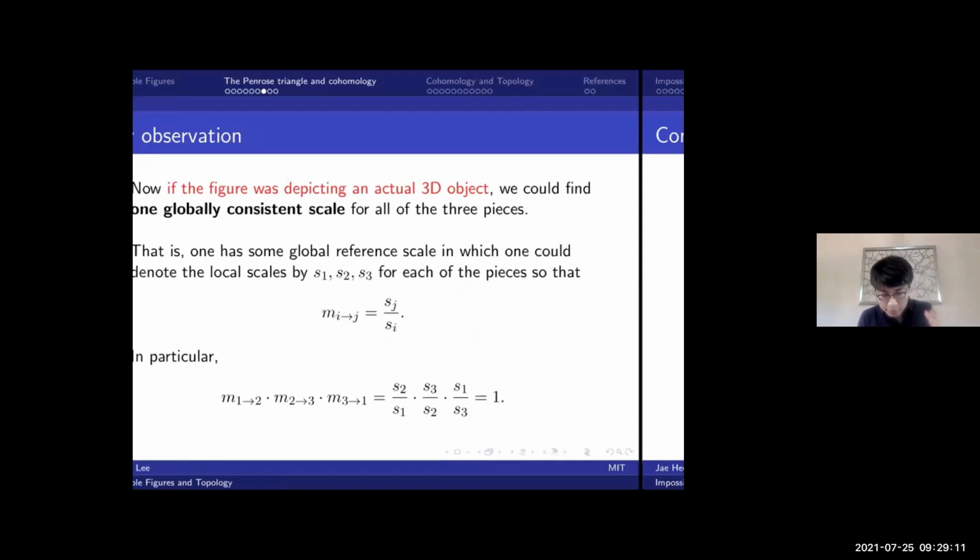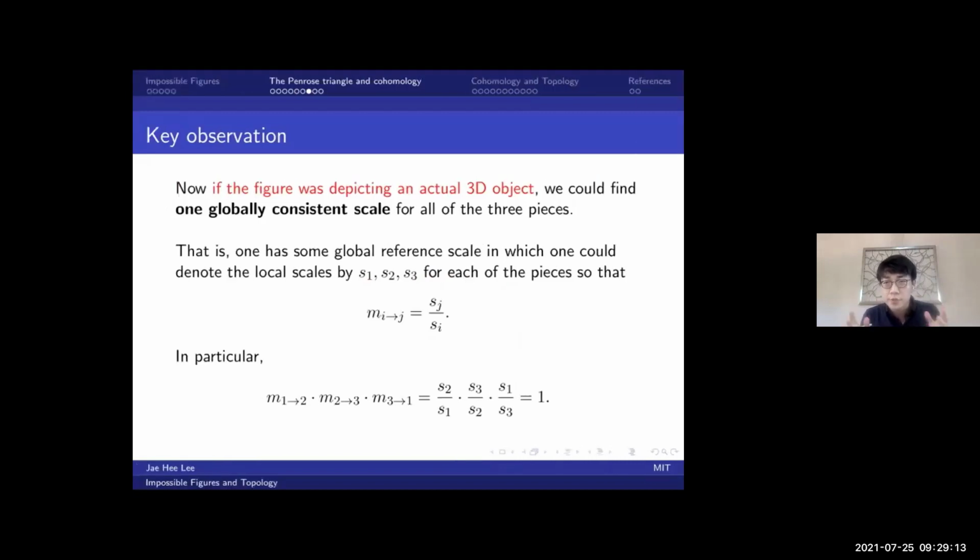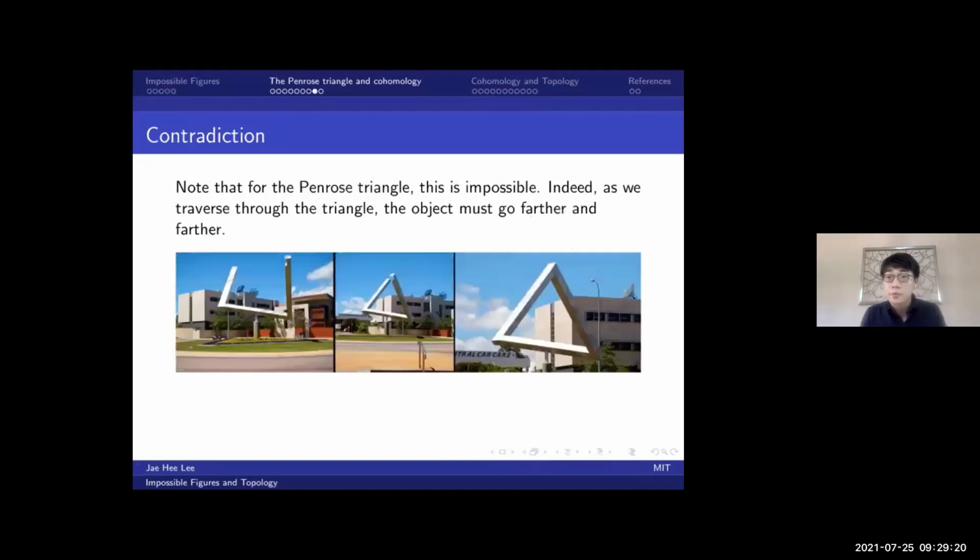Now, we were making this assumption for the sake of contradiction, so we need to make sure that it doesn't work for our Penrose triangle. And indeed, what you can see is that this is impossible. If you try to take the cyclic product of the scaling factors, this is never going to be 1 for the Penrose triangle, because as you can see from this picture, as you move from this point to, say, this point along the edge of this triangle, the points are getting farther and farther.